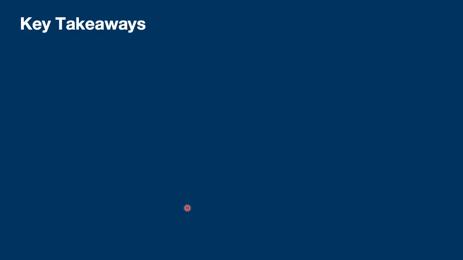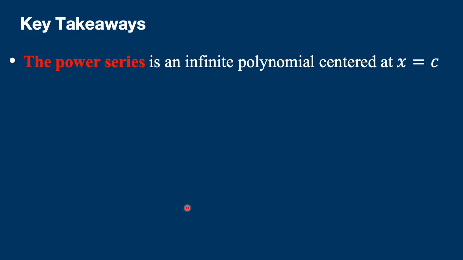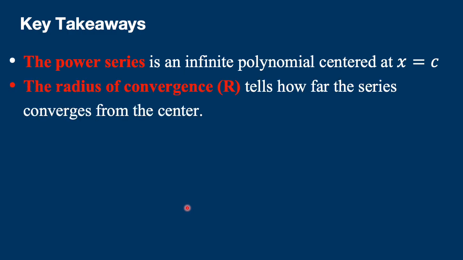What did you learn from this session? First, a power series is an infinite polynomial centered at x equals c. When the center is 0, that's a special power series. Second, how do we find the radius of convergence? You can find the radius of convergence by using the ratio test.